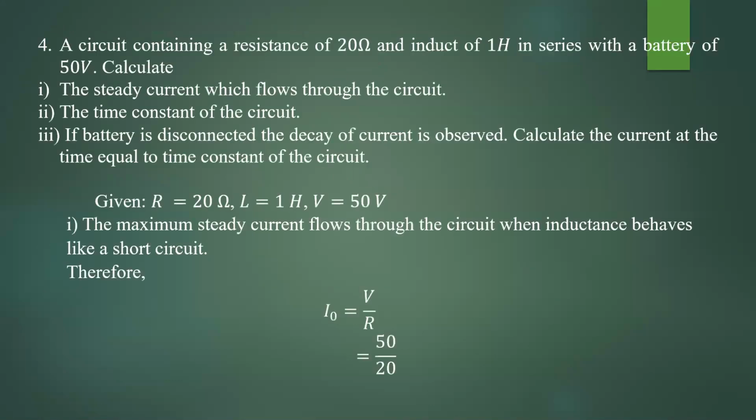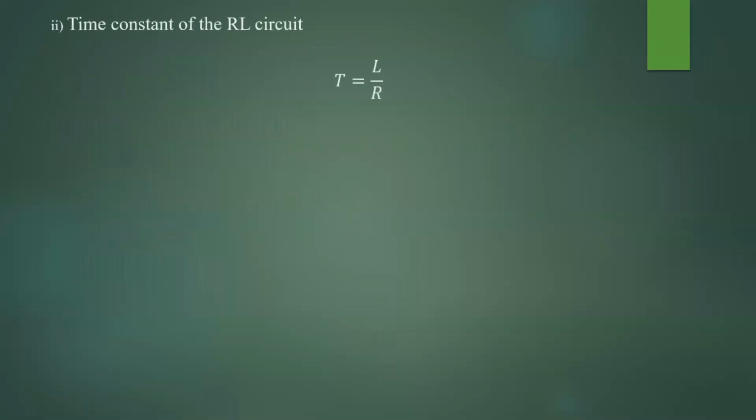Then what is the third question asked? If the battery is disconnected, the decay of current is observed. Calculate the current at the time equal to the time constant of the circuit. Remember, when the battery is disconnected, a decay or decrease of current is going to be observed. What is the expression for decrease of current when decay of current takes place?